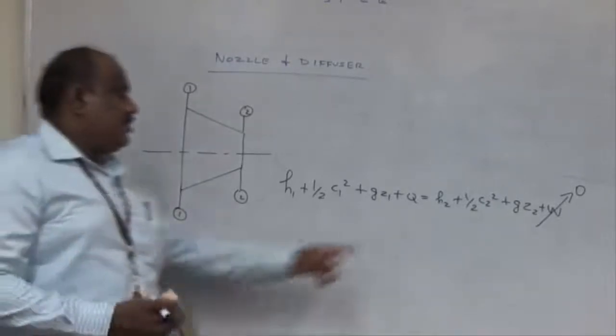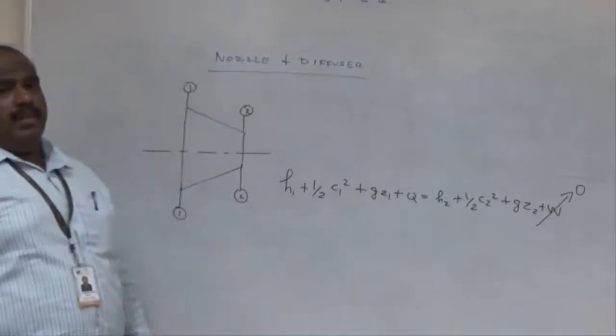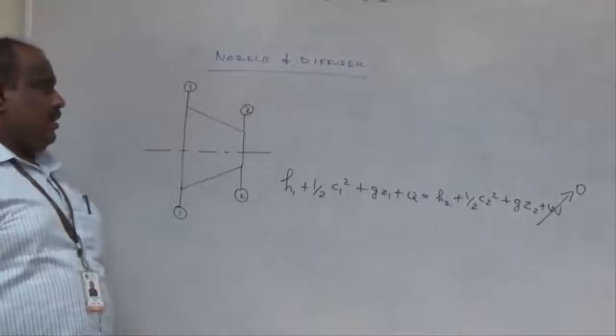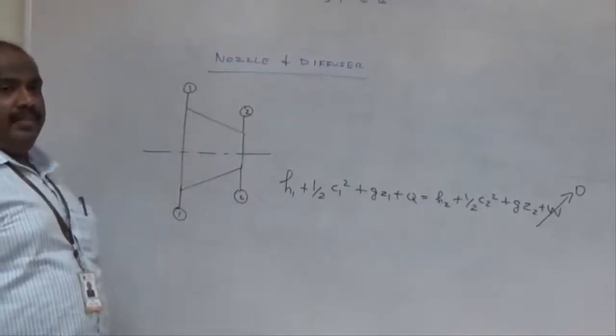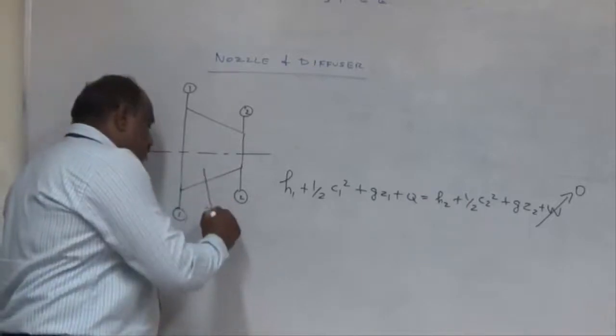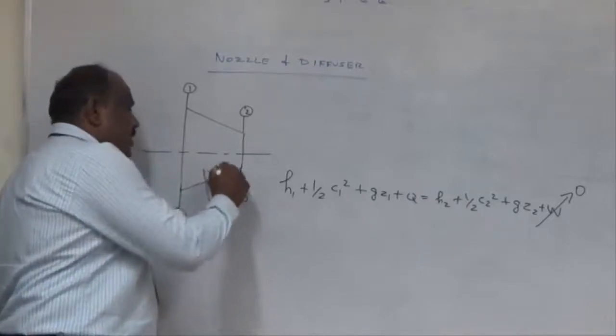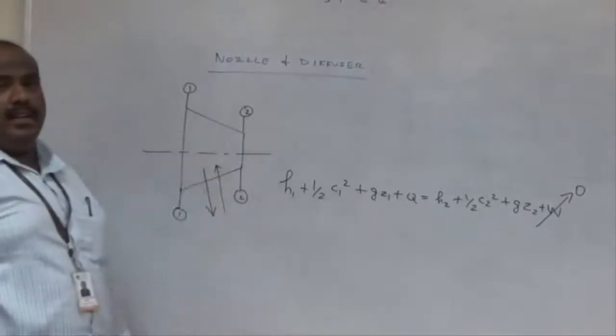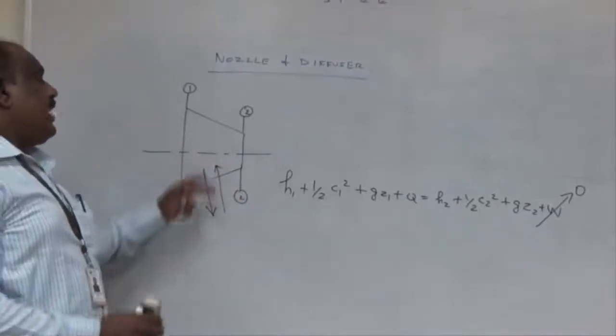What about the heat transfer? Q is 0. Why is it 0? Does the fluid not have any heat? The fluid has heat, but the heat is not transferred from the system to the surroundings or from the surroundings to the system, which means the nozzle is perfectly insulated. So it is made adiabatic.